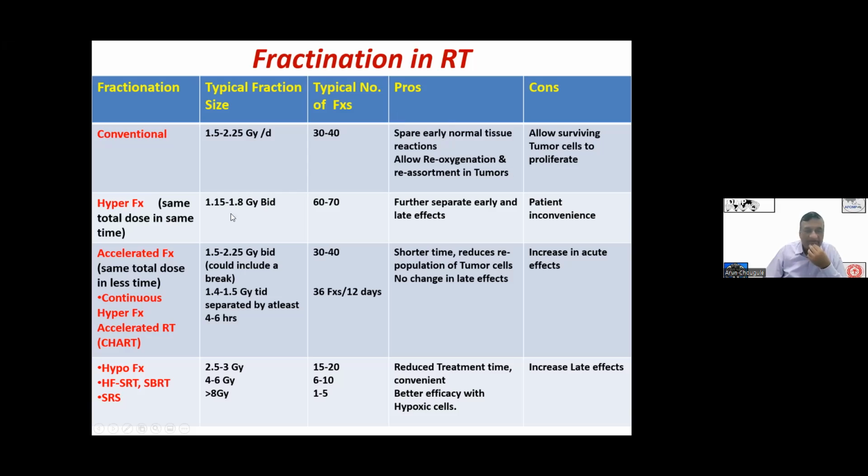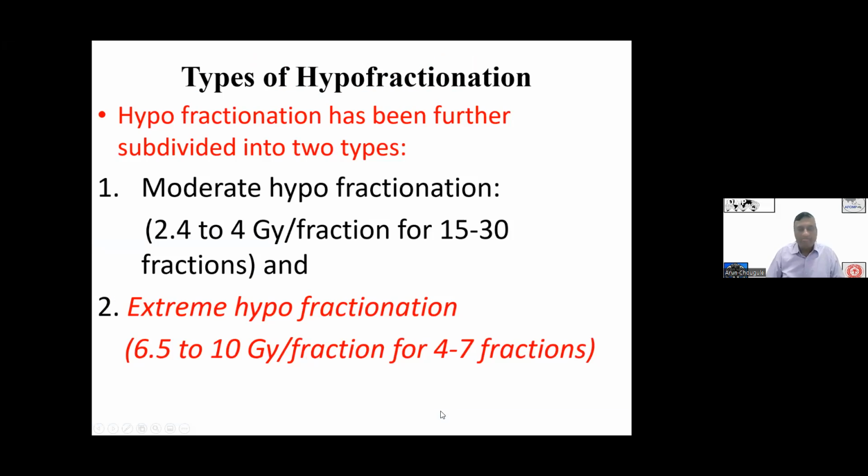Hyperfractionation is 1.15 to 1.8 gray, BID, that is 2 or 3 a day, 60 to 70, further separating early and late reaction. Accelerated fractionation has a shorter time, reduces repopulation of tumor cells, with no change in late effects. And hypo or extreme, SRT, stereotactic radiotherapy or stereotactic body radiotherapy, where large fractions are given, reduced treatment time, convenient, and more efficient with hypoxic cells.